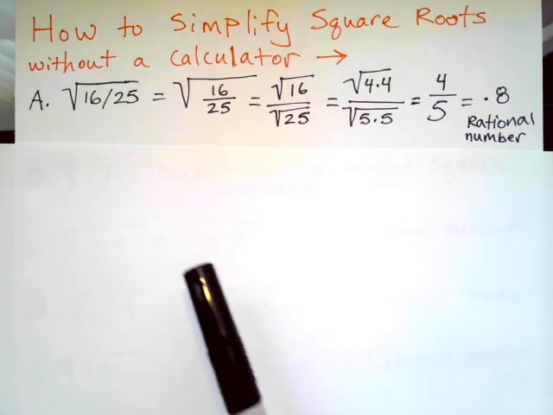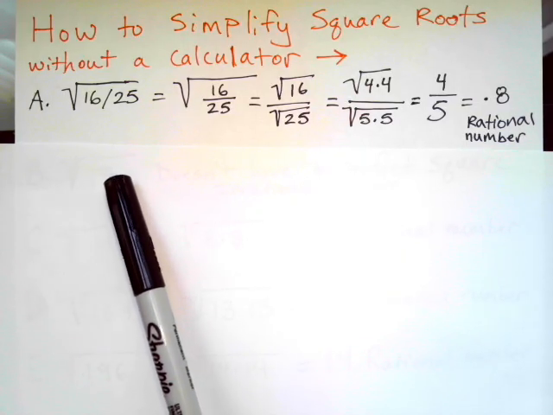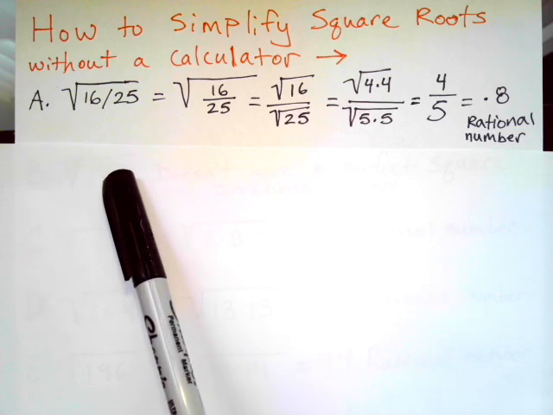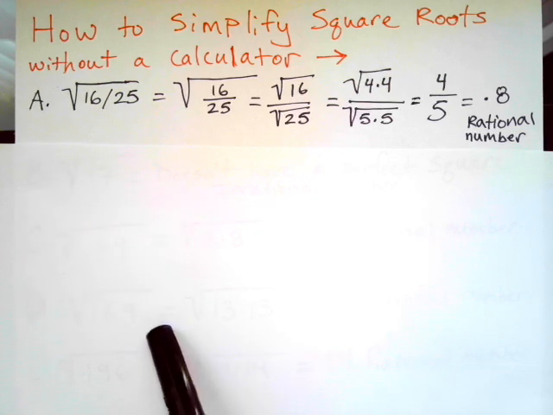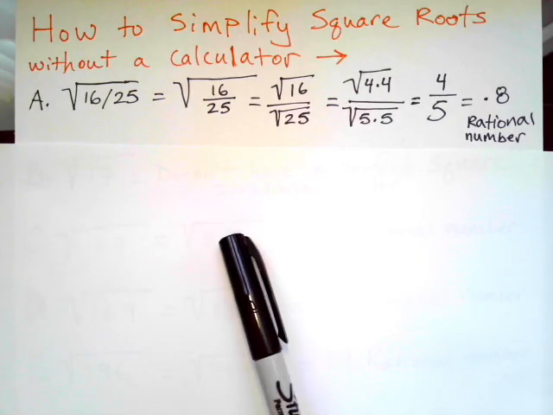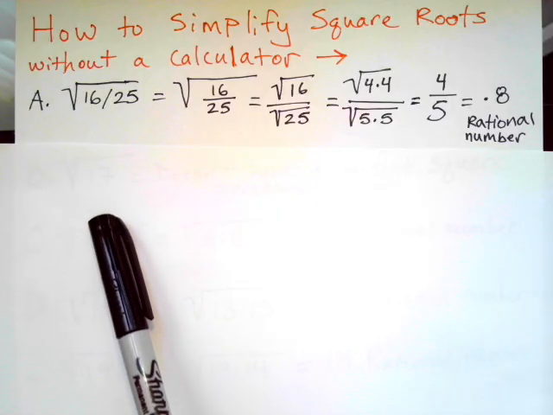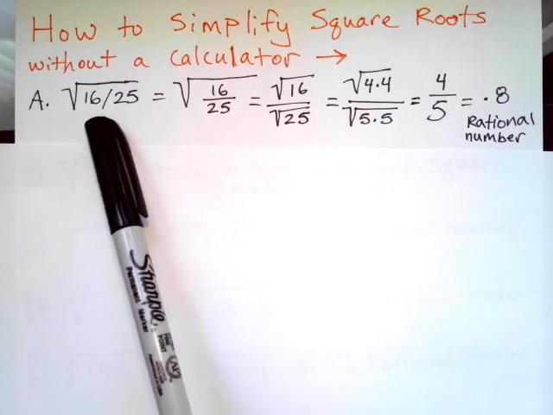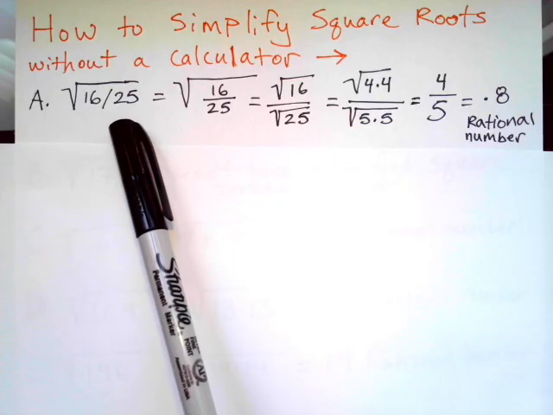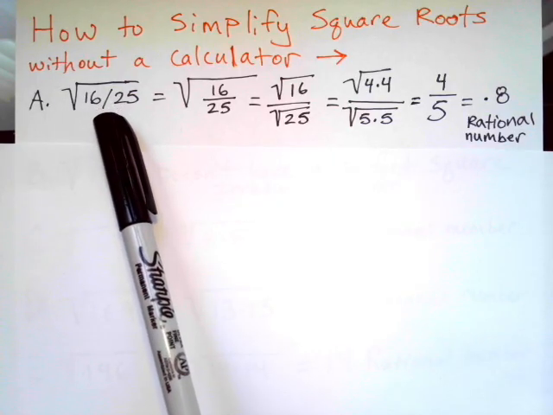Okay, so if you're not allowed a scientific calculator, you cannot use that technique I showed you earlier by hitting that square root icon and following those steps. So I'm going to show you how to do each, A through E, once again, how to manually determine the value of each option.